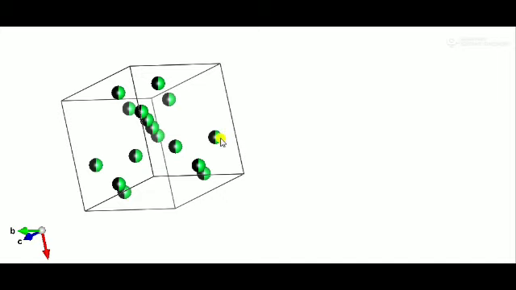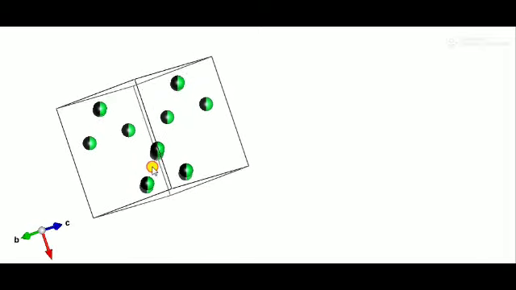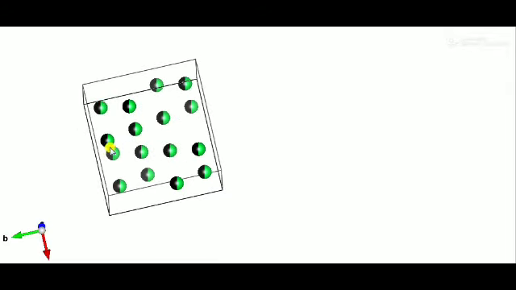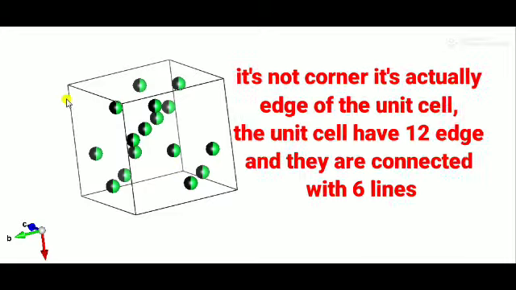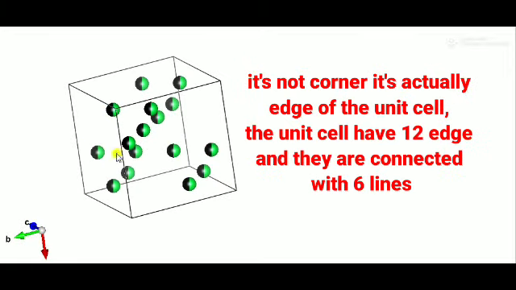Likewise these 4 atoms are connected from this corner to this corner. Let me move this and show it like this. Just concentrate on these 4 atoms. From this corner to this corner, both are connected by these 4 atoms.